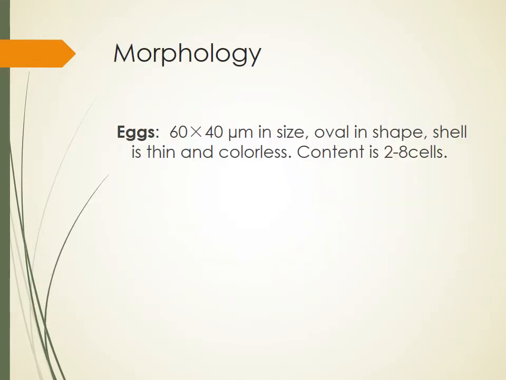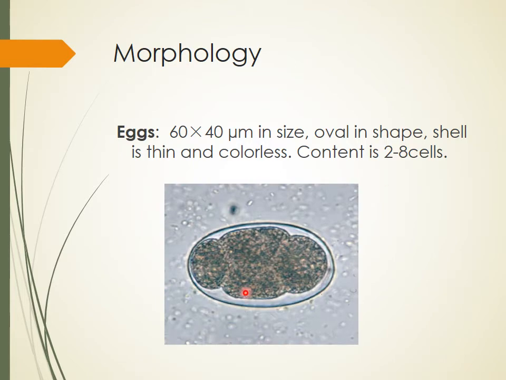Morphology of the egg: the size is around 60 by 40 micrometers and oval in shape. It is non-bile stained, with a thin and colorless shell, and contains 2 to 8 cells.